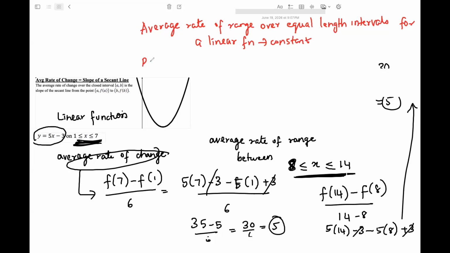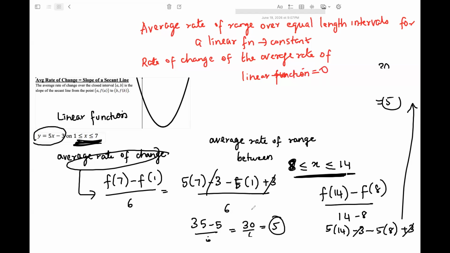Now comes the bigger part. What can you tell about the rate of change of the average rate of change for a linear function? What can you say about it? 0.